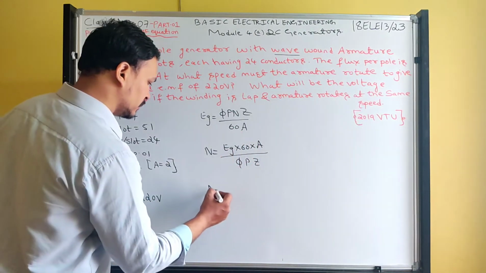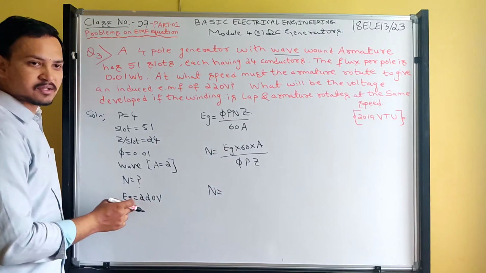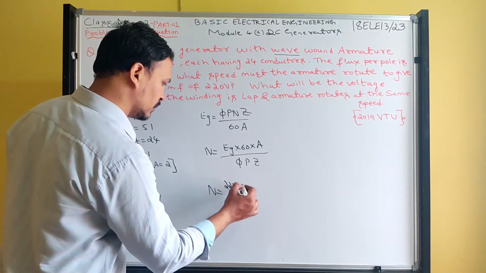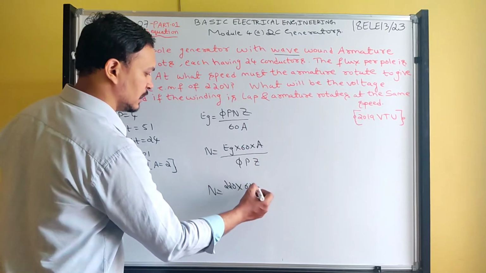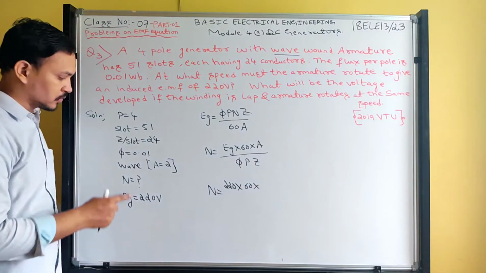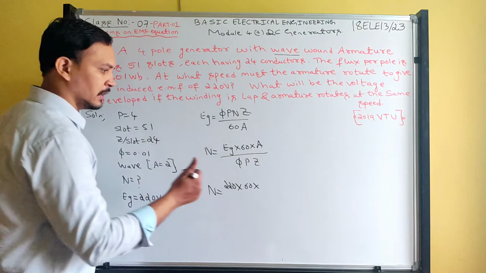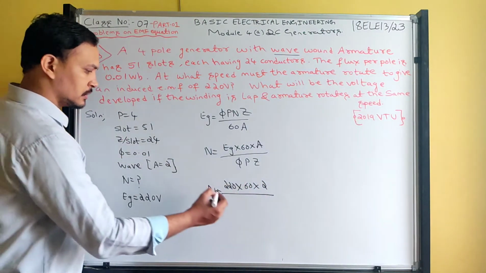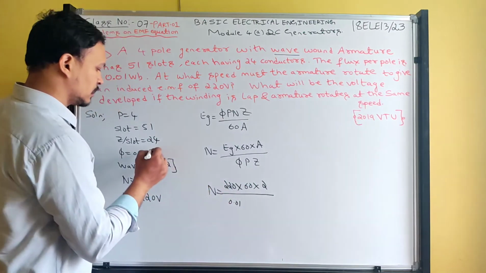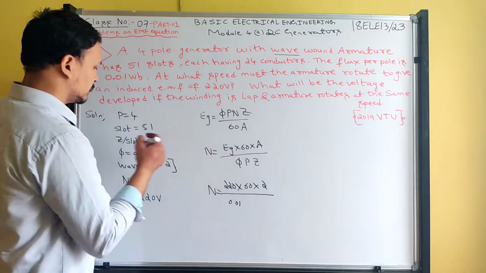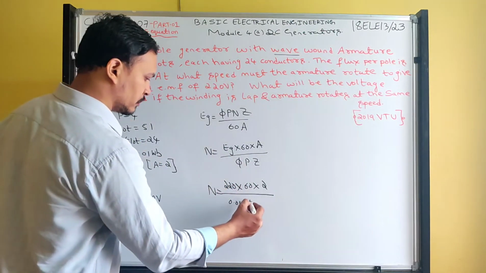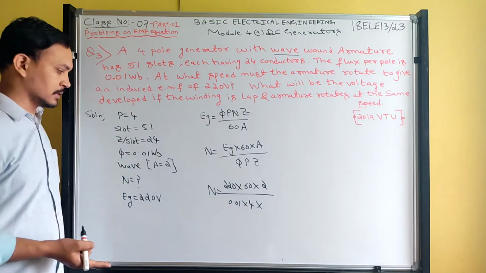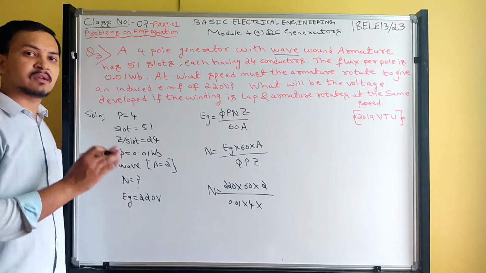They have given the generated voltage when the machine is wave connected: 220 volts, and 60. And the number of parallel paths? What type of winding? Wave winding, so take A equals 2. The value of flux is 0.01 Weber, and the number of poles is 4. But I need to enter the total number of conductors here, which is not given directly.